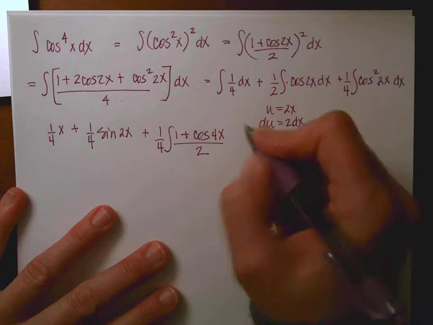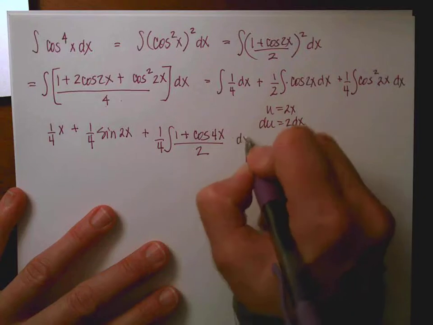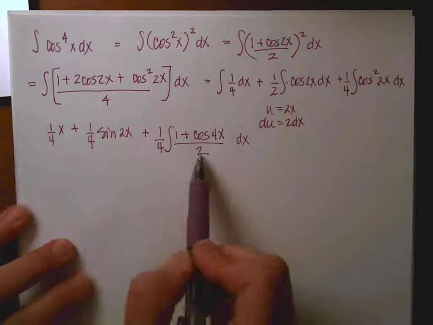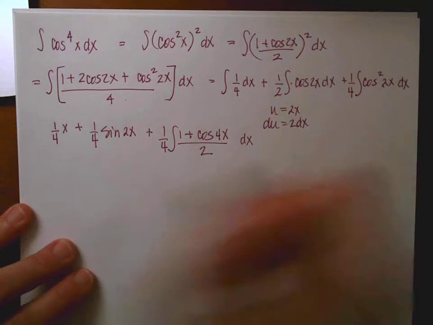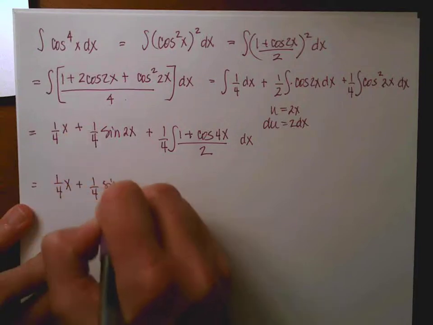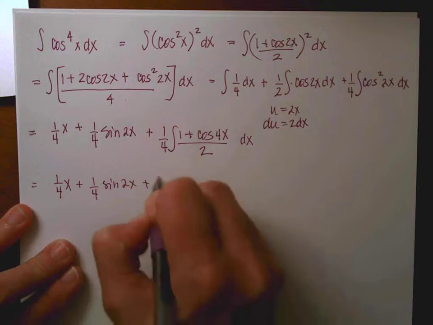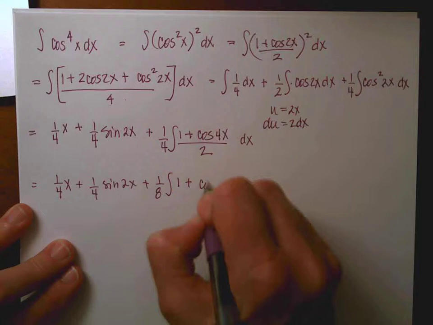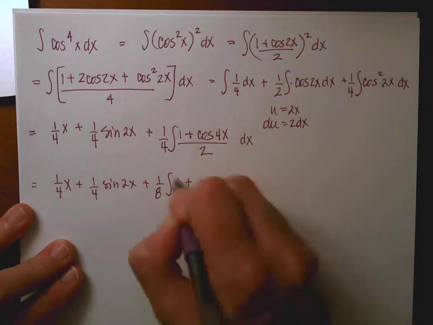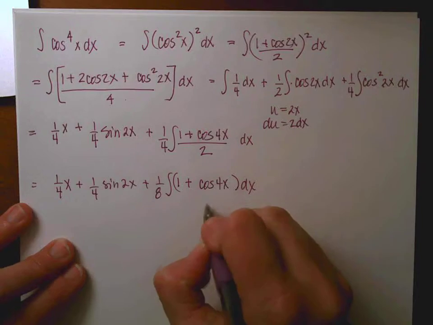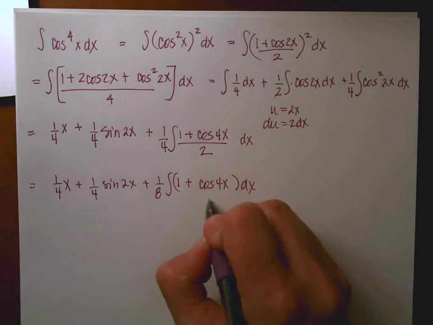Since this already has a 2 in it, this becomes 4x, and then dx. Alrighty, so this one's done, this one's done. Now I need to manage this. I'm going to take that 2 out front. So I have my equals there, 1/4 x, and then I have 1/4 sine of 2x, and then I have 1/8 times the integral of 1 plus the cosine of 4x, and then dx.